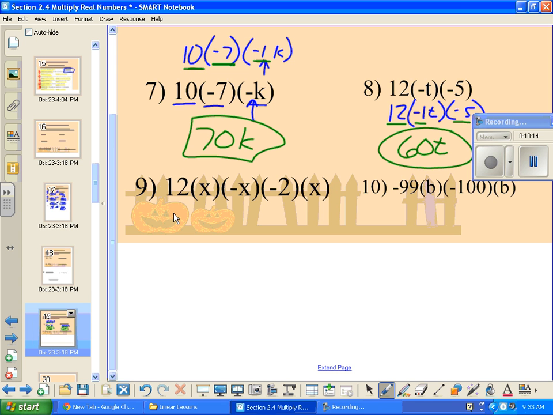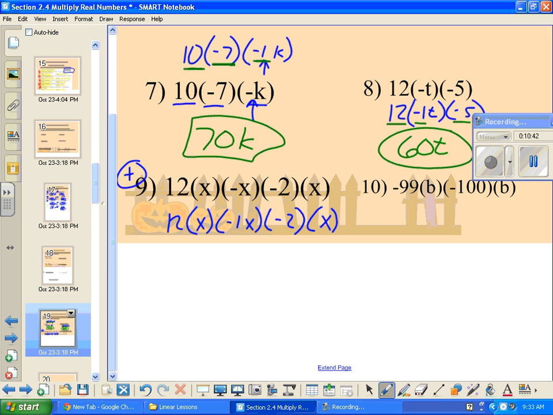Number 9. Again, there are some numbers and some variables. I'm going to rewrite it to say I have this negative x here, and I can think of it as negative 1x, to keep it clear for myself that I'm multiplying by negative 1 when I see that negative. I can also analyze the problem: there are 2 negatives, so I know my answer is going to be positive.